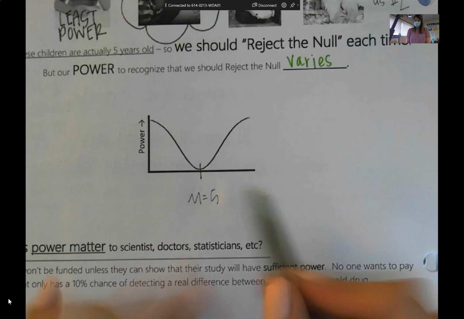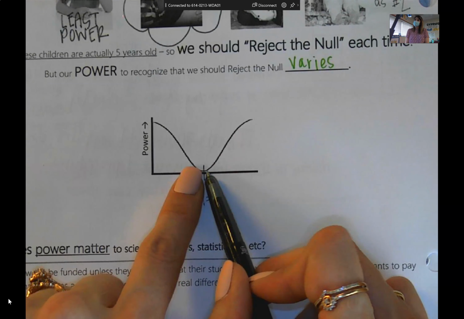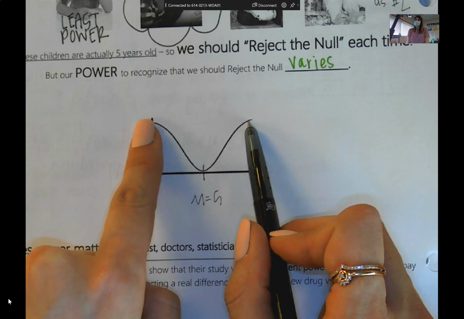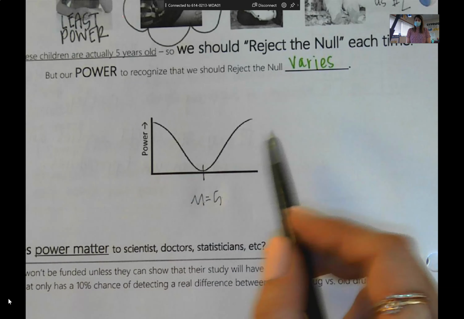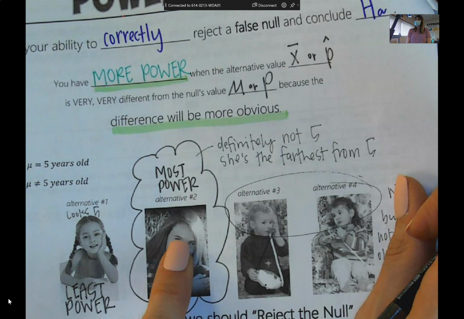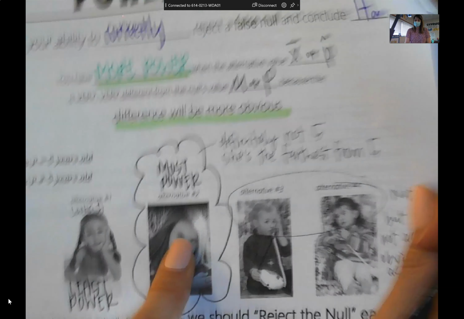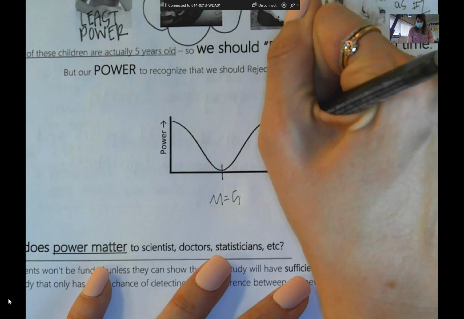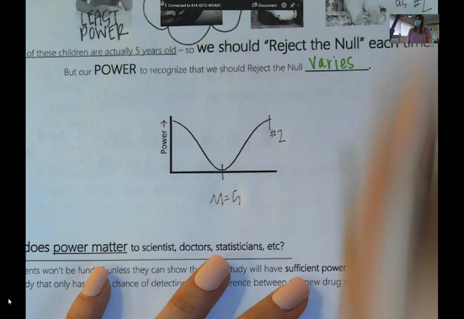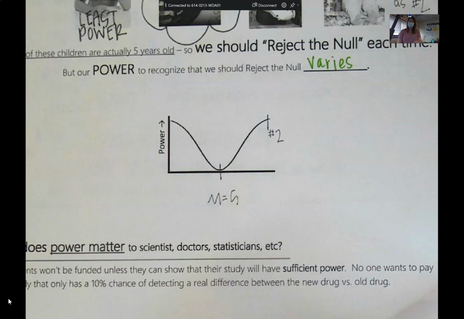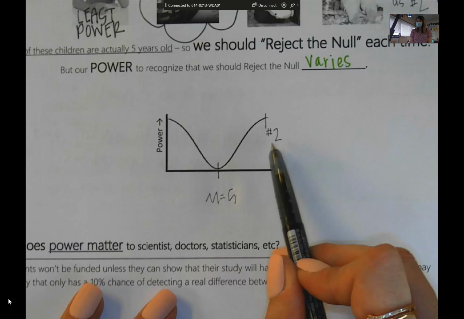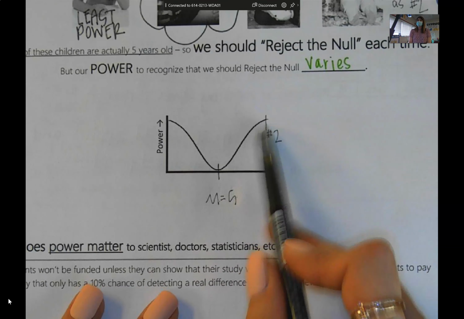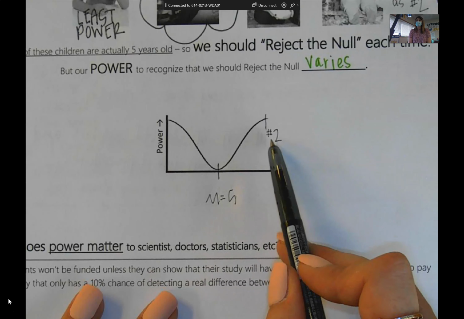Notice, as you get farther away from the claimed value of 5 years old, your power increases. For our number 2 example, if I had to graph those alternatives, number 2 would be way over here, far away from 5.